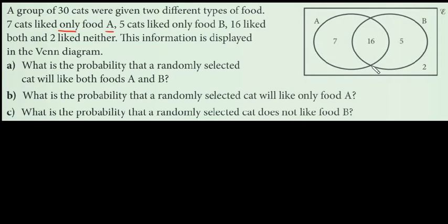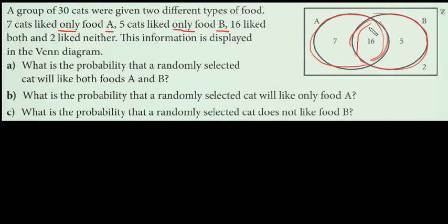As you already know, only this part represents only A. So we write 7 here. And 5 cats liked only food B. Only B is this part of the Venn diagram, and we write 5 here.